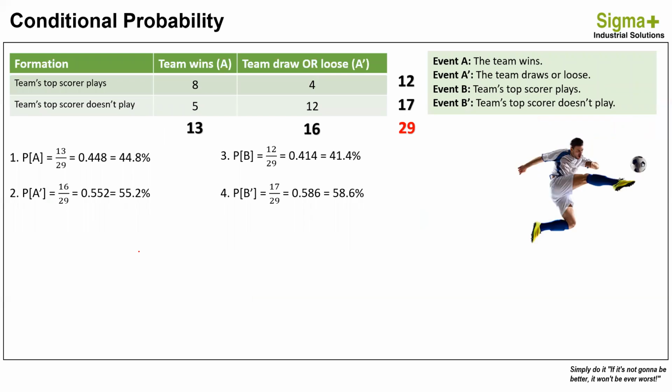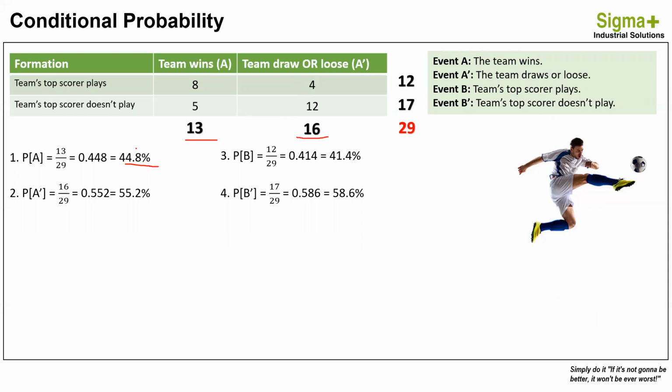So the probability that the team will win is, as you can see, 44.8%, and that's simply because we know that the team played 29 times against the Blue Stars, 13 times winning and 16 times drawing or losing the match.